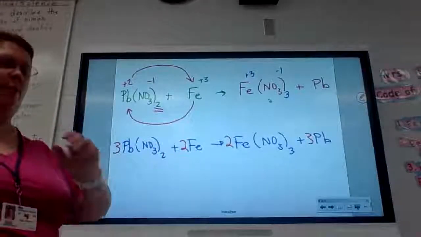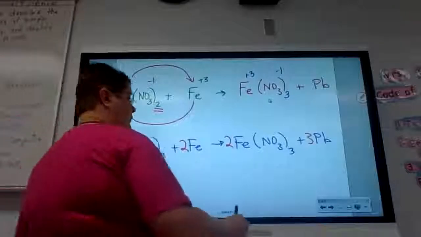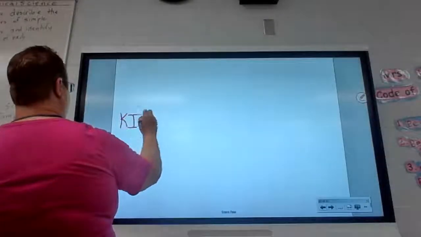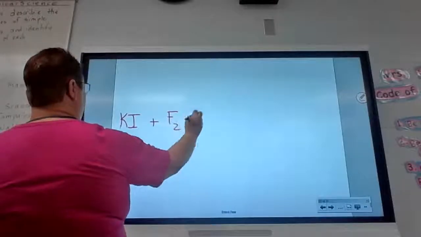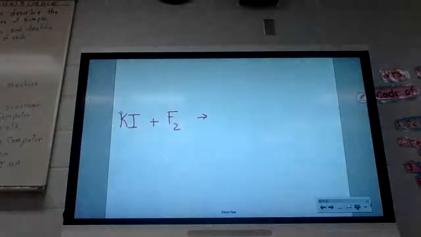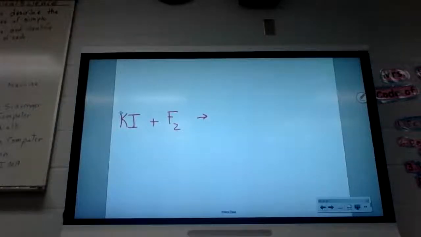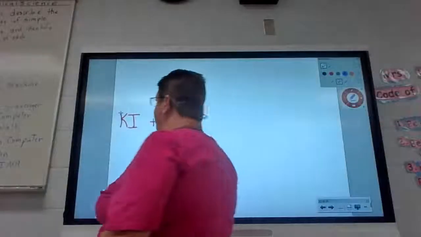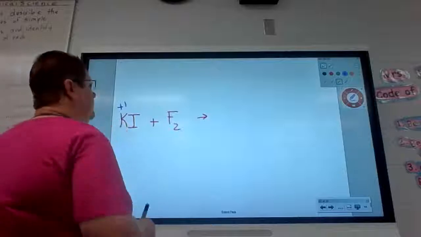All right, let's do one more real quick. I just want to look at this one. We won't even probably finish it. But let's at least identify the oxidation numbers because it's different. What's K? What's iodine?